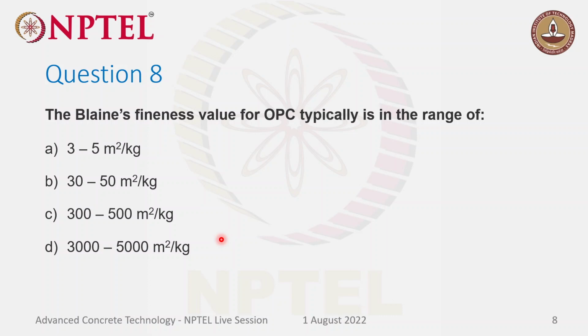Madam, one second, please repeat the question. The question is the Blaine's fineness value for OPC is typically in the range of: option A is 3 to 5, option B is 30 to 50, option C is 300 to 500, option D is 3000 to 5000. The unit is meter square per kg for all.